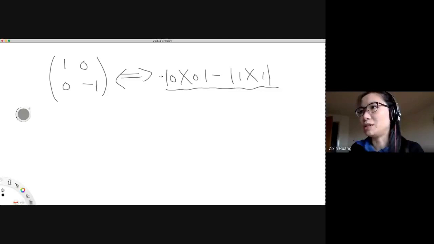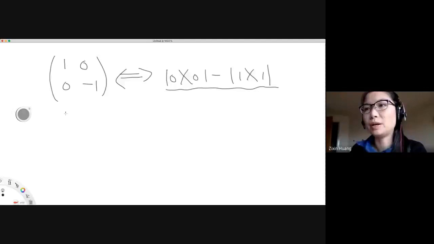How this comes about is from how you do tensors in QM. It's actually very simple once you get your head around it.